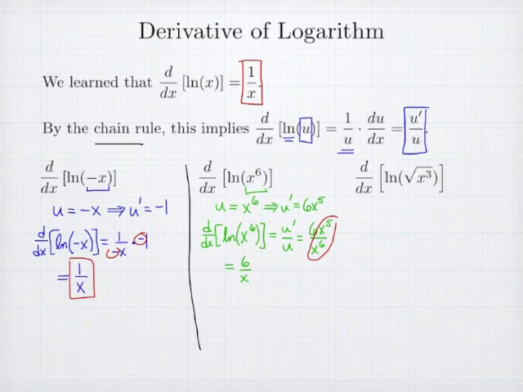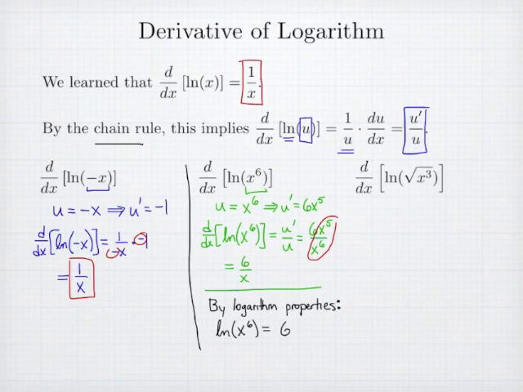Now this problem illustrates an interesting example as well. By the properties of logarithms, the logarithm of x to the sixth can be written as 6 times the logarithm of x. And so if I take a derivative of the logarithm of x to the sixth, that's the same as the constant multiple 6 times the derivative of the natural logarithm.